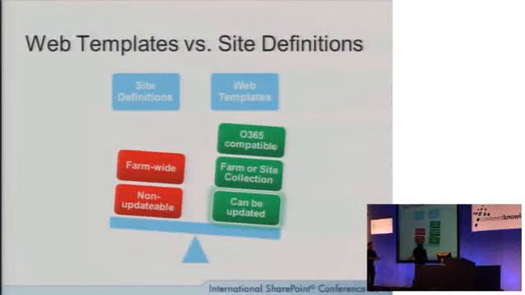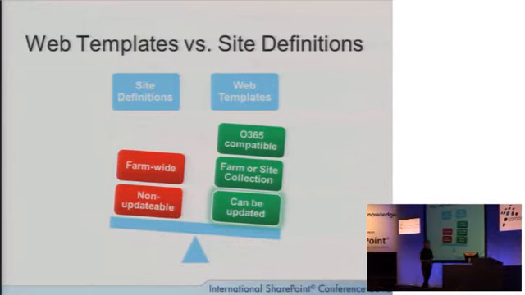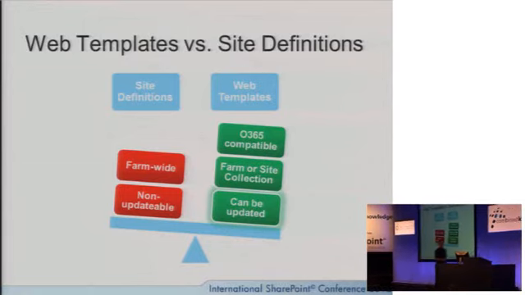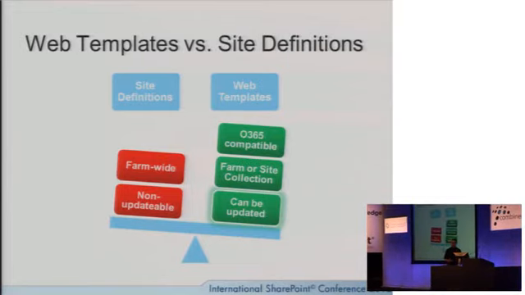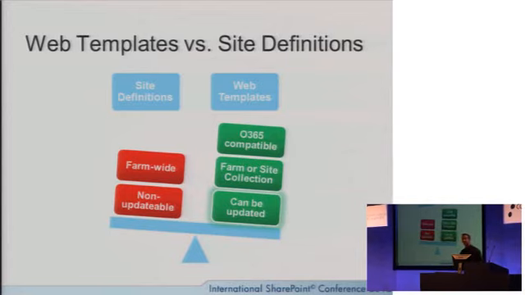So when SharePoint 2010 came out, Microsoft came out with a new idea for templating sites. In SharePoint 2007, we had web templates or site templates, which were the STP things, and we could create site definitions.